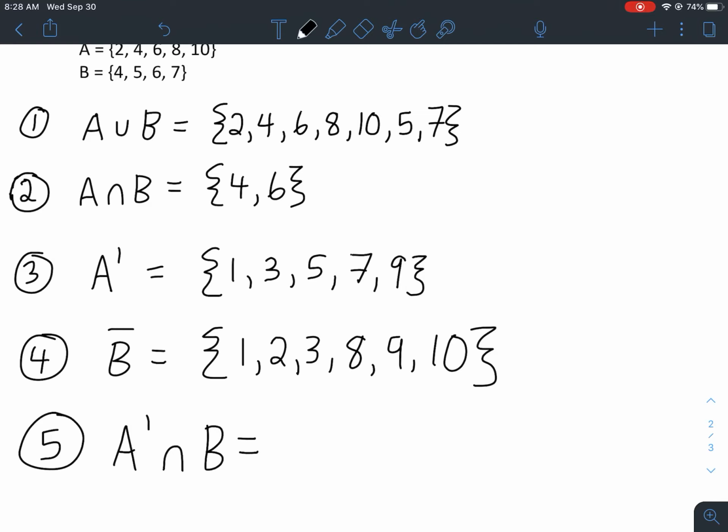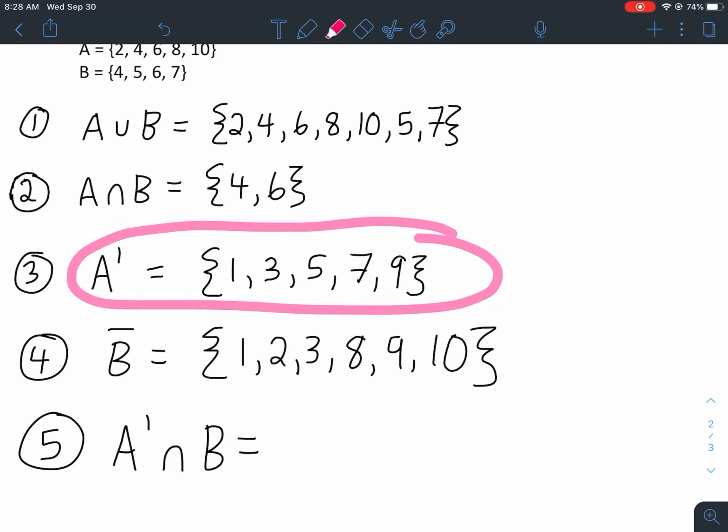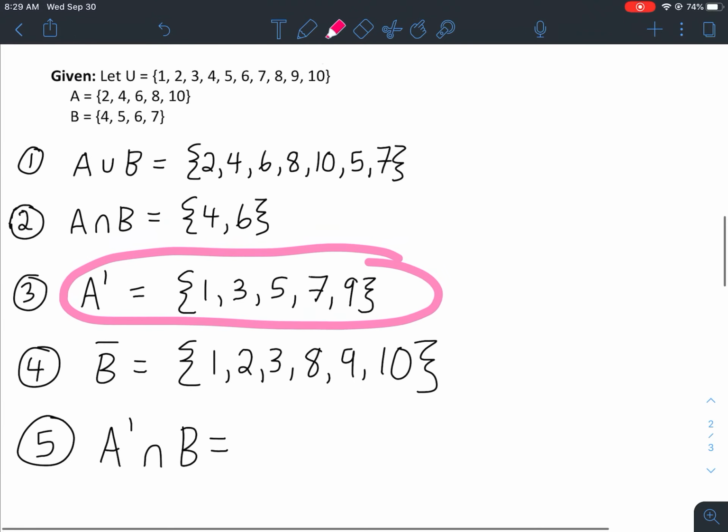Okay, looking at our next one. Now what we have is a 2-step problem here. But the nice thing is we already know what A complement is. We already found it. It was right here. We're looking for the intersection between A complement and B. So the intersection between those would mean what they have in common. So I already circled A complement.